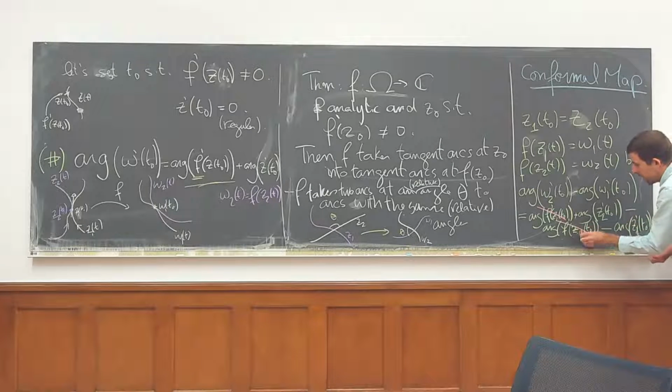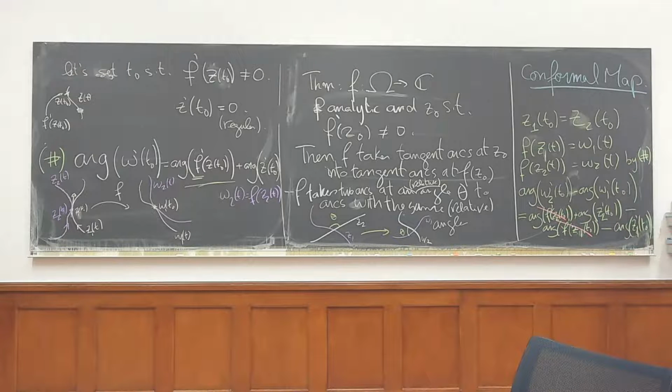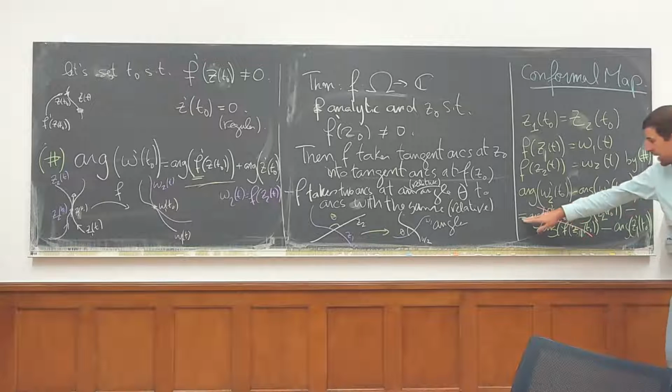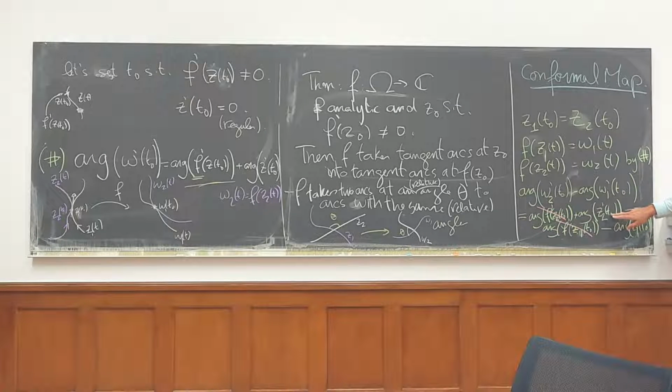Not here, it doesn't make any difference, but better to be correct. The relative angle on the images between the second curve and the first one is the same as the one between the pre-image of the second curve and the first. Okay, is this clear?